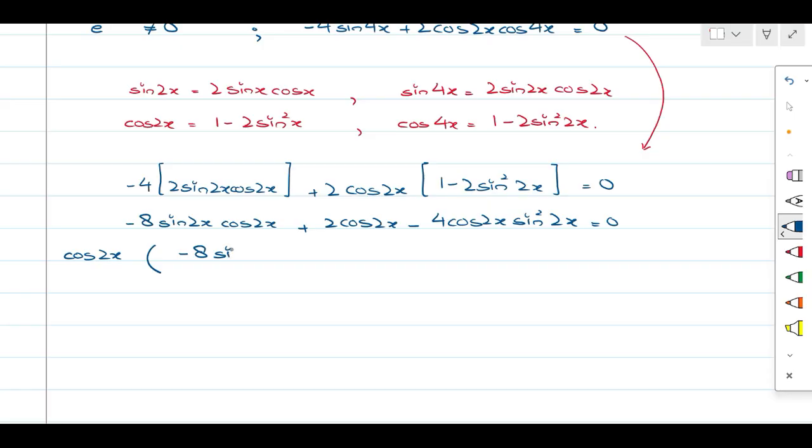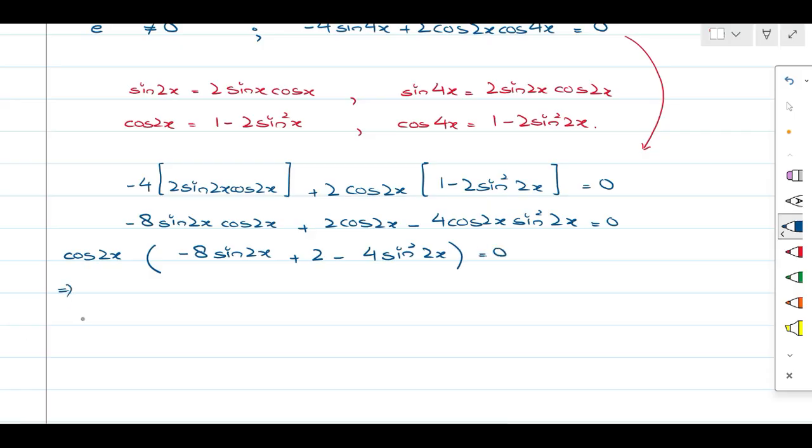Minus 8 sine 2x is left, plus 2 is left here, and minus 4 sine square 2x, equal to 0.